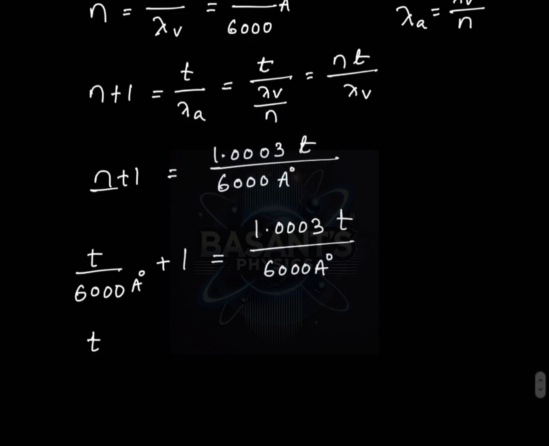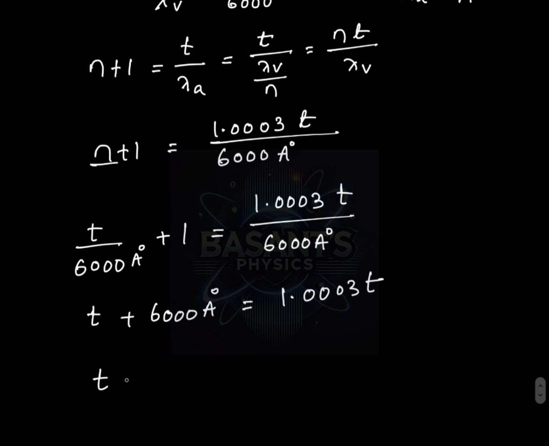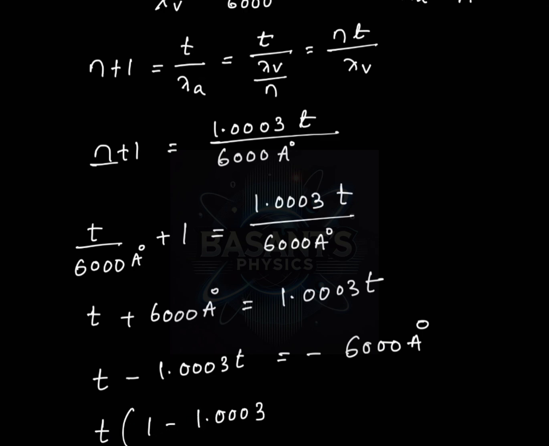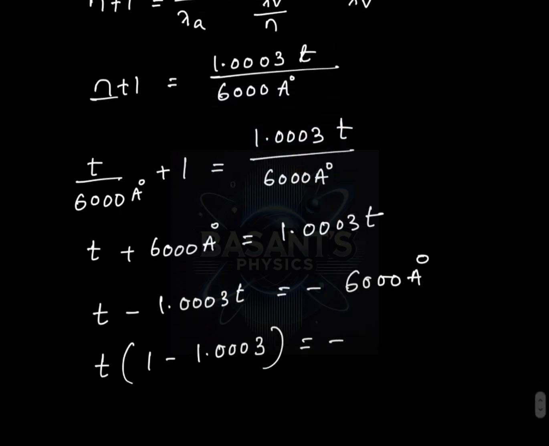So T plus 6000 angstrom is equal to 1.0003 T, and T minus 1.0003 T is equal to minus 6000 angstrom. Now T is common, 1 minus 1.0003 is equal to minus 6000 angstrom.